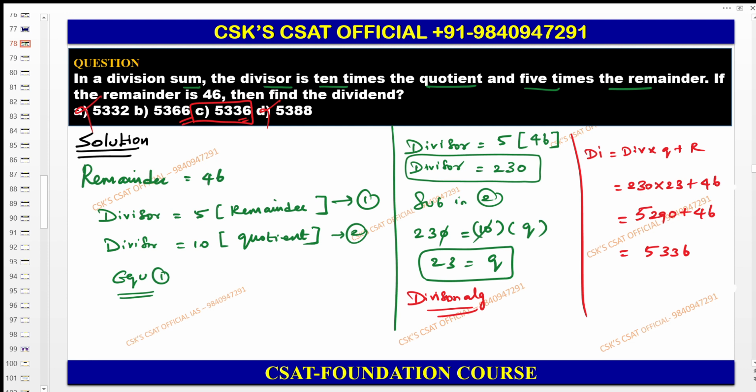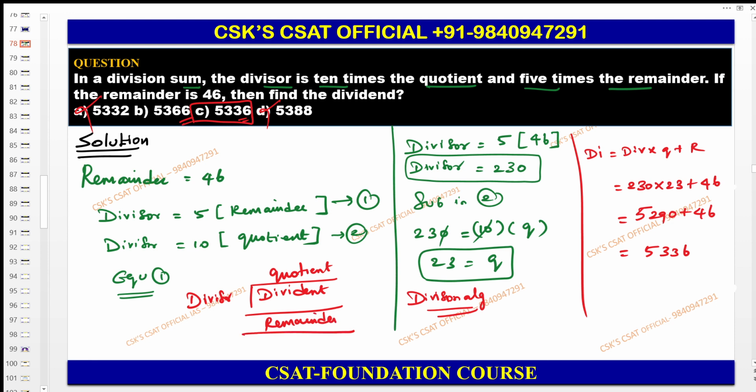Anybody having a doubt here? No, sir. Fine. Sir, dividend equal to what? The division algorithm basics we have done, right? Dividend is equal to divisor into quotient plus remainder, so I am writing it here. Here is the quotient, and here you will get a remainder.